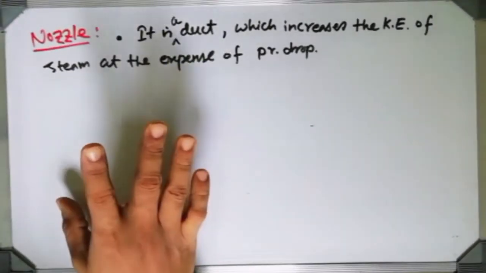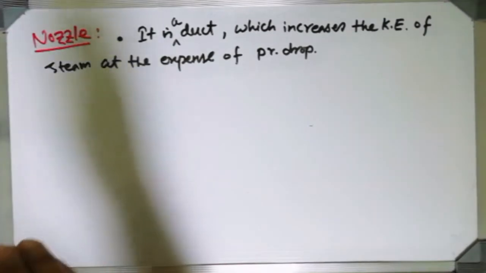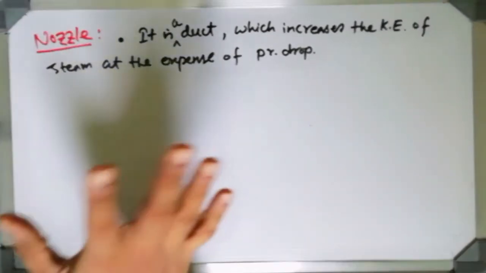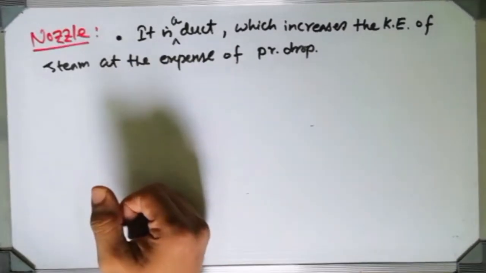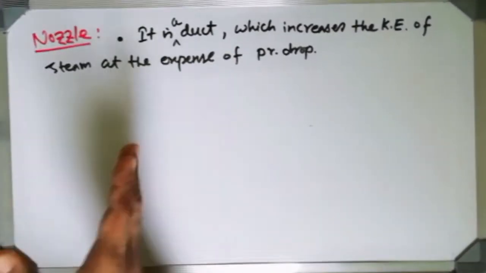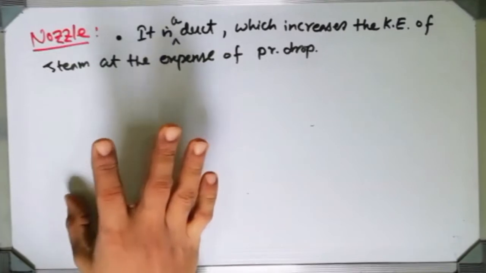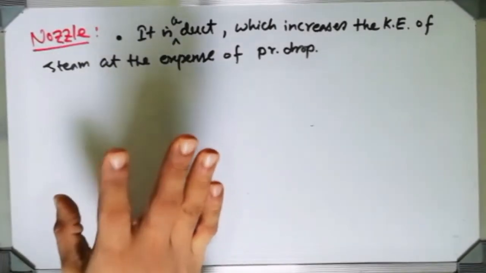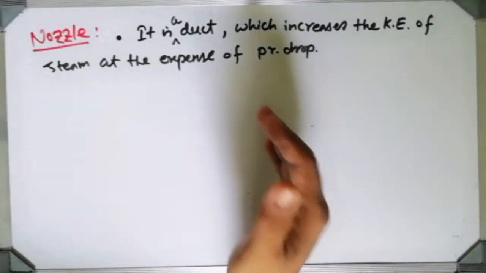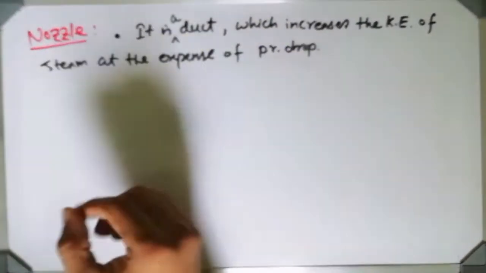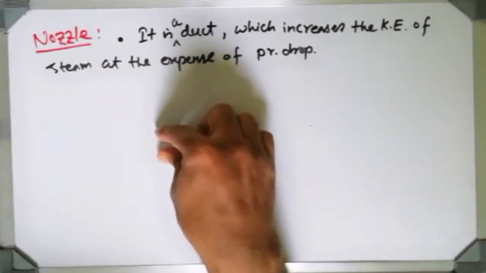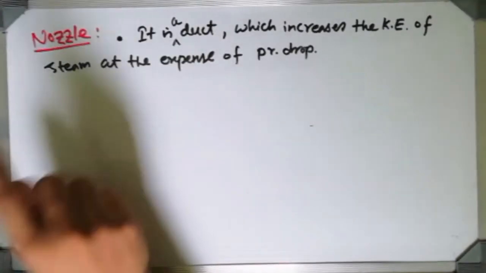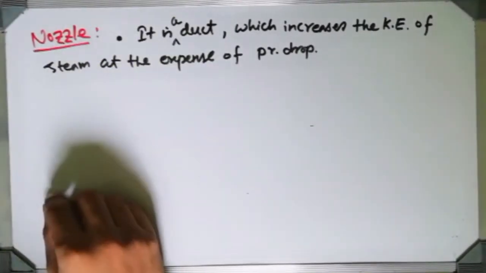I am again repeating, depending on the condition of the nozzle, that means which fluid you are imposing on the nozzle, the velocity of the fluid coming to the nozzle, as well as depending on the end condition, that means the output of the nozzle, what pressure you are maintaining, depending on those things, the same duct can be used as a nozzle or as a diffuser.